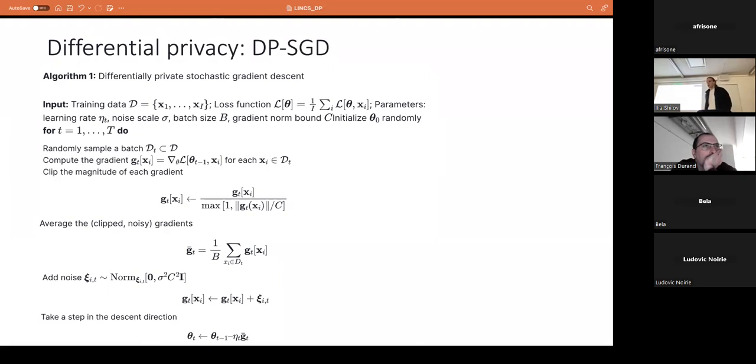You want this parameter that you learn to not reveal any information about the data itself.